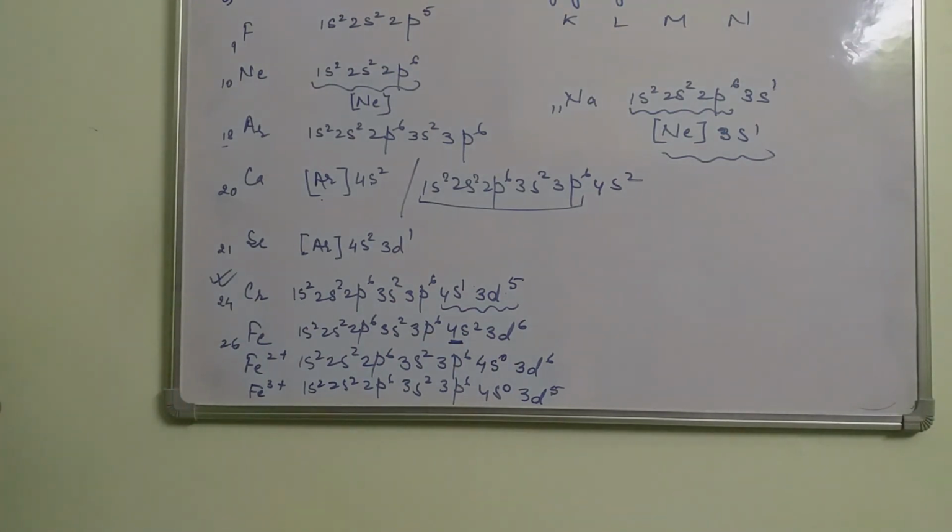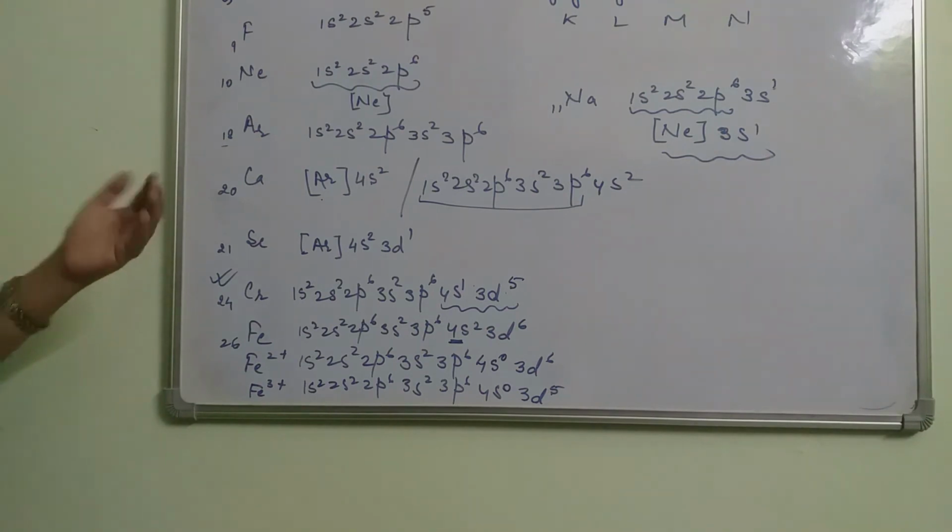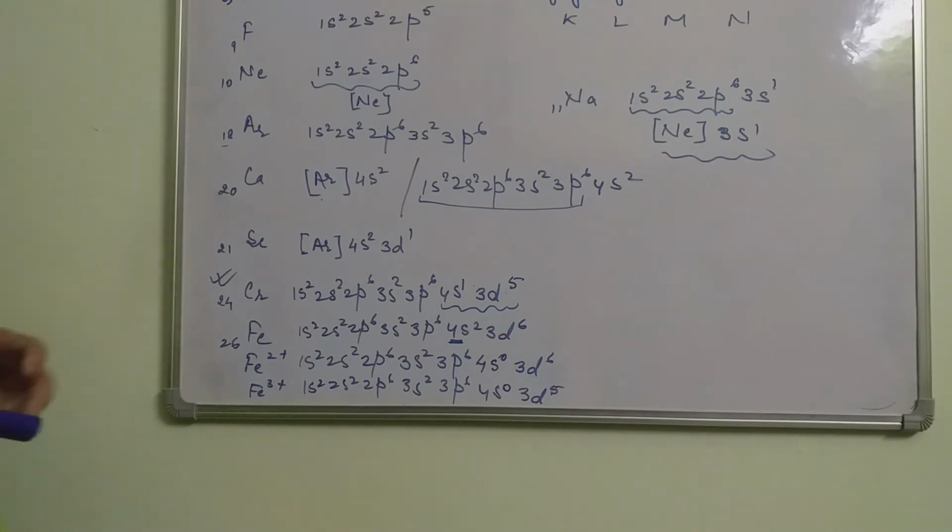You must do the exercise questions from the last, from question number 2.62: 62, 63, 64, 65, 66 and 67 are related to Hund's rule of maximum multiplicity, Pauli's exclusion principle, Aufbau principle and quantum numbers.